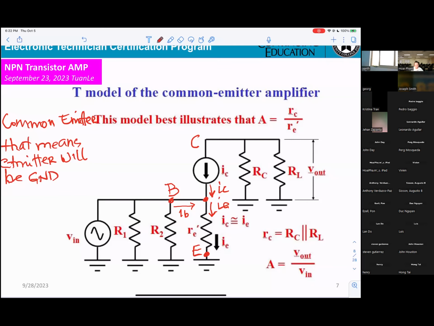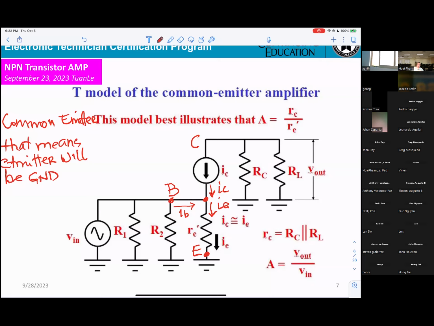That is common emitter. Common collector: collector will be ground in AC. Common base: base will be ground in AC.